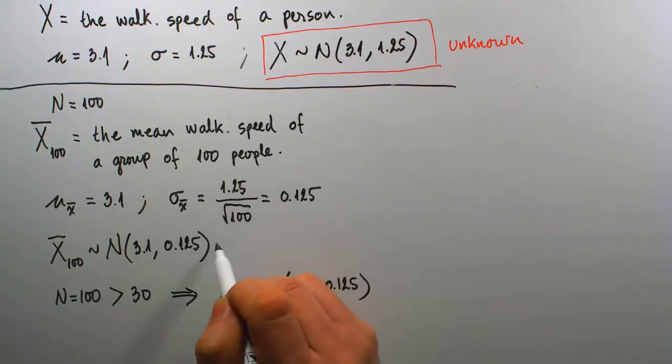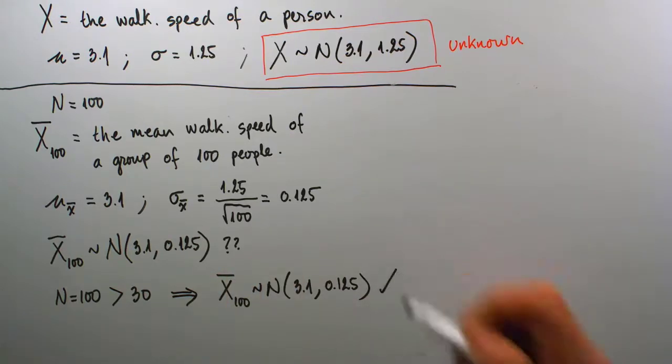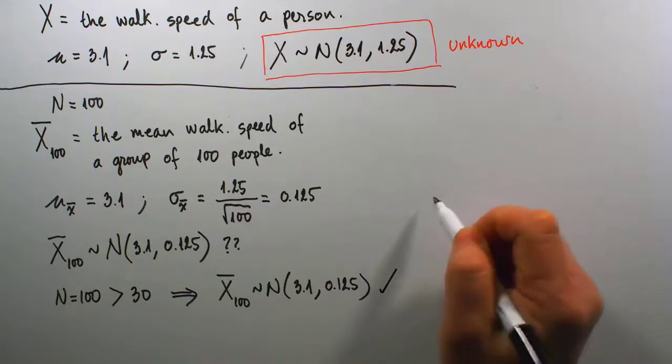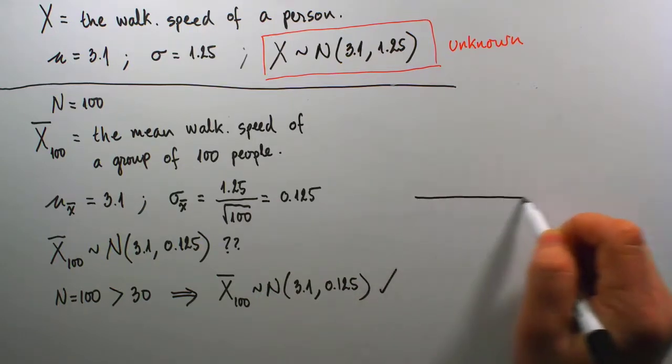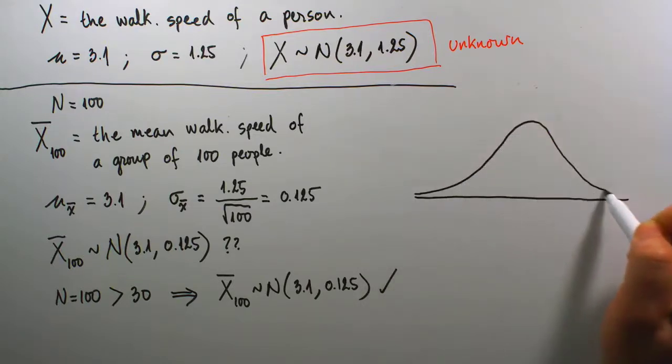And at this point right now, it was still a question mark, but now with this sample size being above 30, it guarantees that we will have this satisfied. So now we checked our third key step like that. And so now the entire usefulness of being able to verify capital X bar 100 can be placed on a bell curve here is that we can imagine that we are on a bell curve with a nice peak in the center.